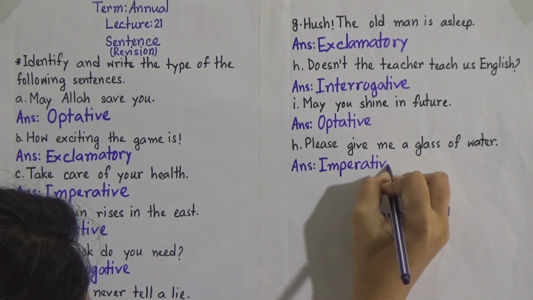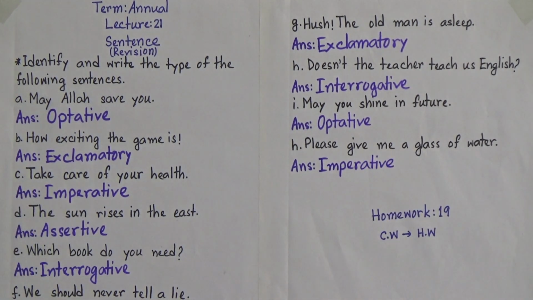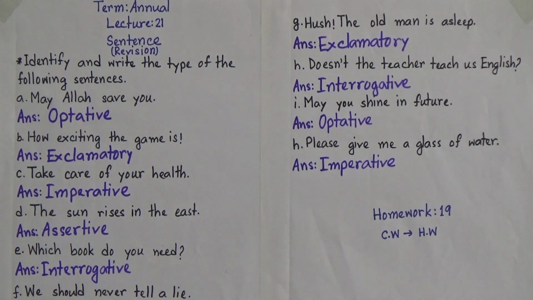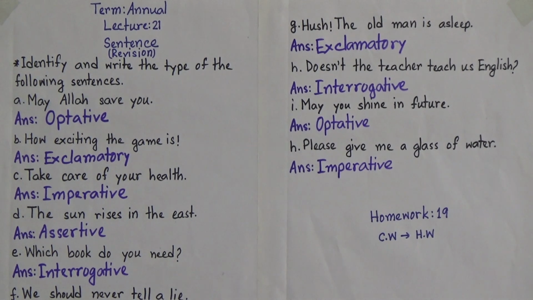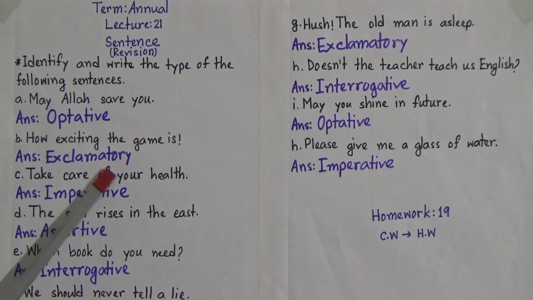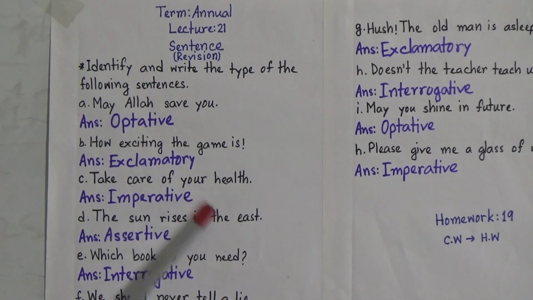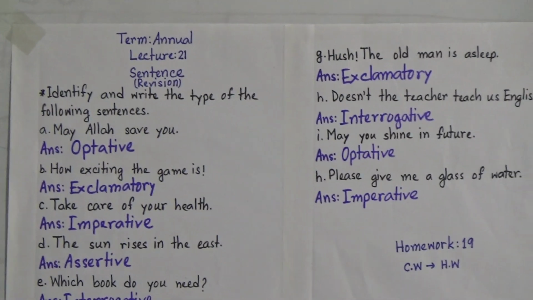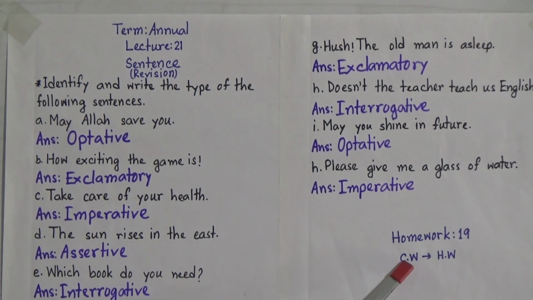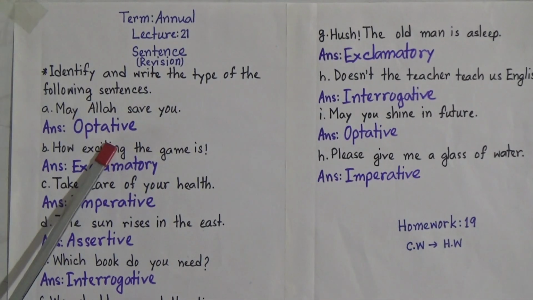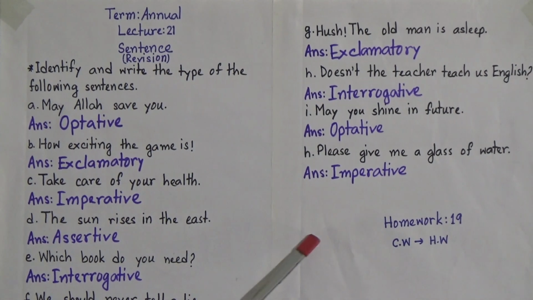You all have done this exercise before, and today is the revision class. And dear students, you will practice this exercise at your home, and you will do the homework, and this is homework number 19. You will do the homework which is done today.